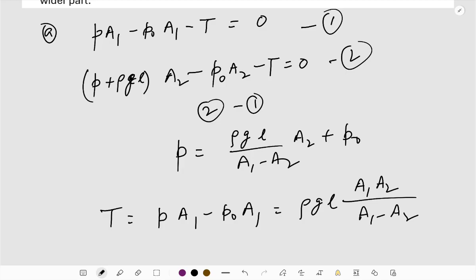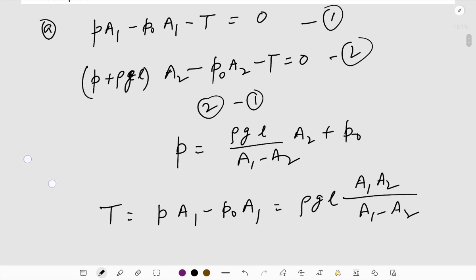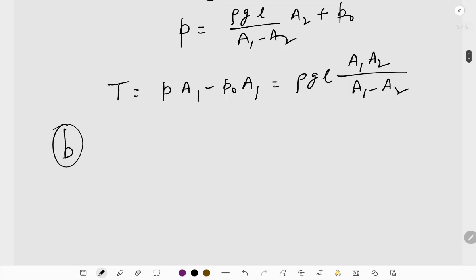And in the same manner, you can consider the tension in the second case as well, the case B. In this case, you put the direction of tension in the same direction, and in the same manner, I got tension equals minus rho GL A1 A2 divided by A1 minus A2.